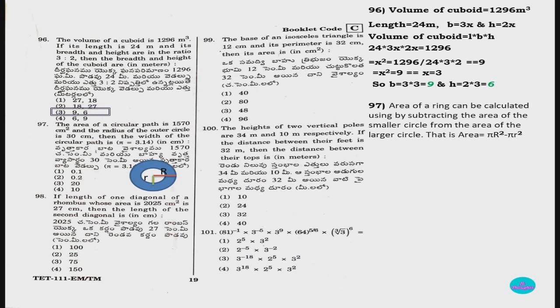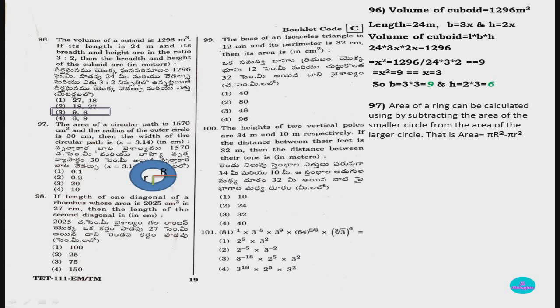Now we can find the area of the ring by subtracting the area of the smaller circle from the area of the larger circle. So the whole larger circle area, if we subtract the area of the smaller circle, we will get the area of this ring. So let's do that.